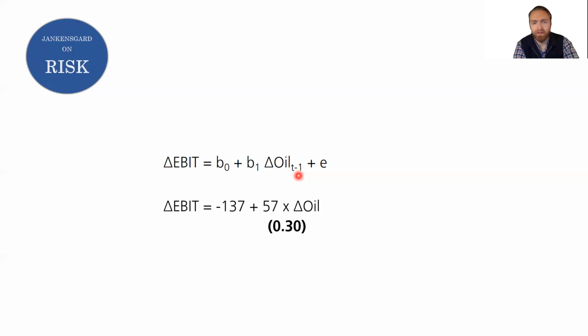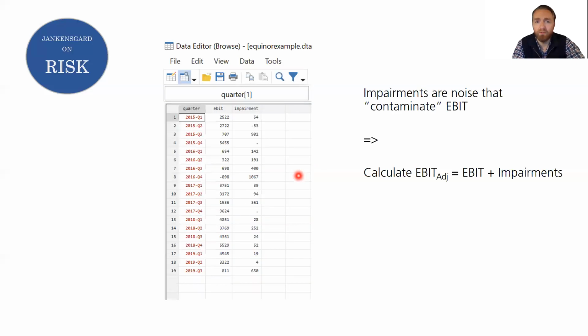So why is that? I mean, we would still expect it to contribute in a major way to corporate performance, right? Well, again, we have to know the data and understand where they come from and what they consist of. And in this case, impairments are creating some noise in EBIT, and we have to do something about that.